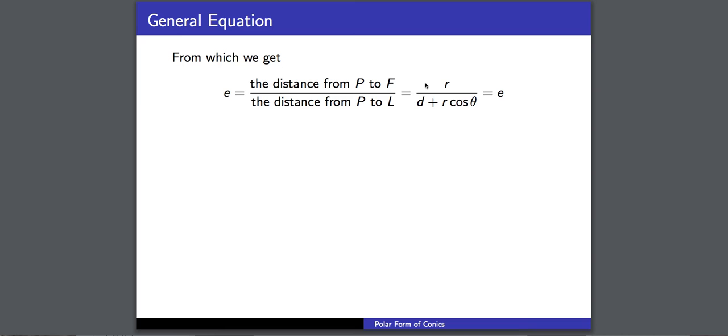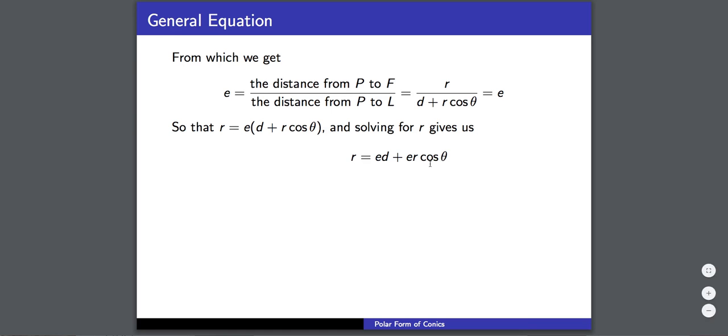So looking at this equation, we have r over d plus r cosine theta equals E. Just like with polar coordinates and equations, we want to get r by itself to write it in polar form. So multiply both sides by d plus r cosine theta, and we get r equals E times d plus E times r cosine theta. Subtract E r cosine theta from both sides to get r minus E r cosine theta equals E times d.